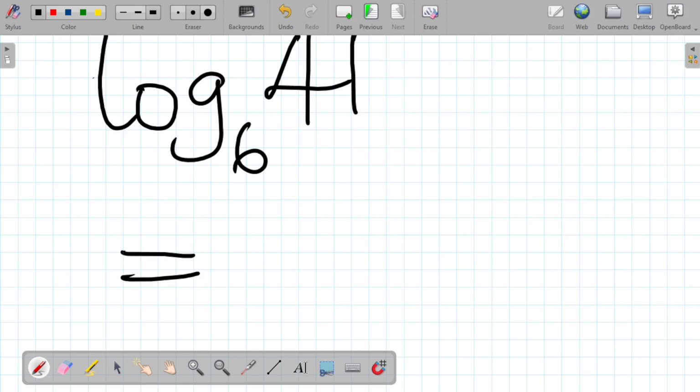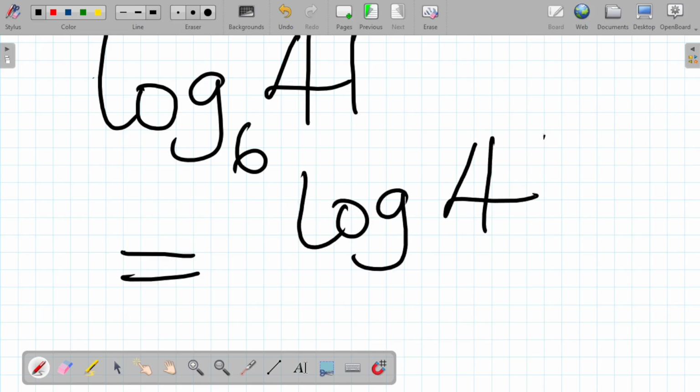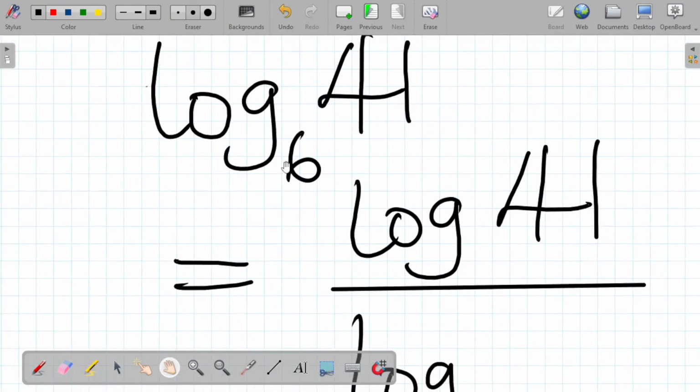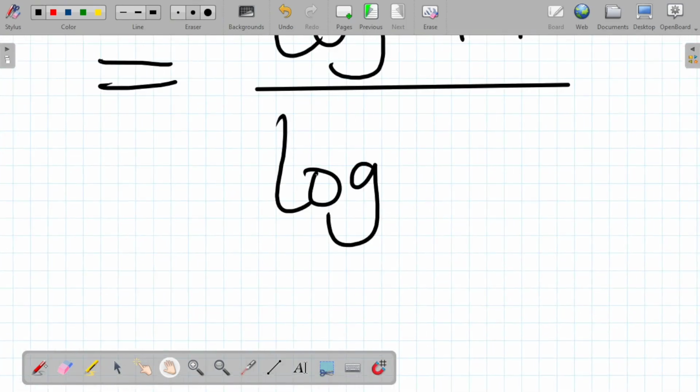It is equal to, you write log of the argument that was given, which is 41, and then all over the log of the base that was given in the question, which is 6.